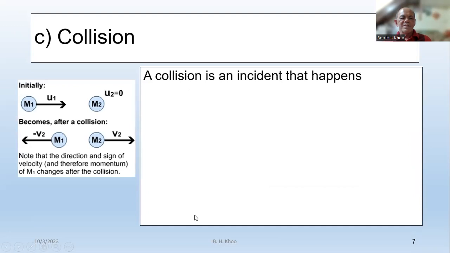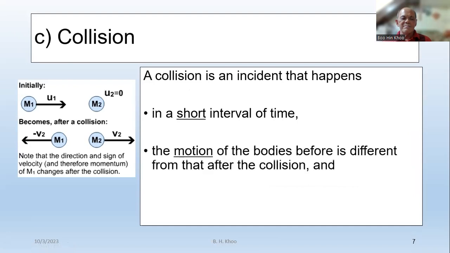A collision is an incident that happens in a short time interval. The motion of the bodies before is different from that after collision. Example, in this case, initially this one is not moving. This is moving with speed u1. After collision, this one rebounds with velocity minus v1.